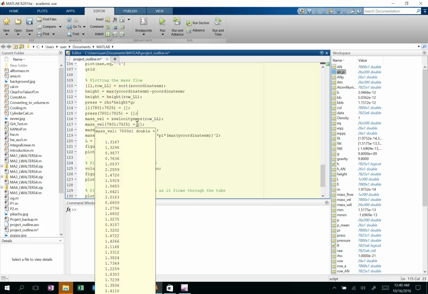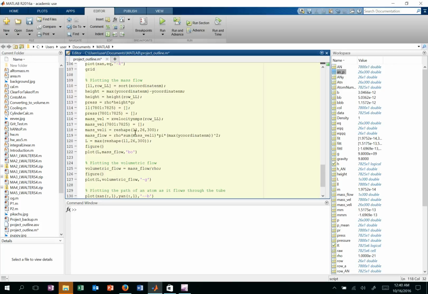And then we also want to get rid of the NaNs at the end. We're going to reshape our s coordinates to be a 26 by 300, and that's just because it's easier to work with like that. Then we find our mass flow, which is density times velocity times area, which in this case is a circle.